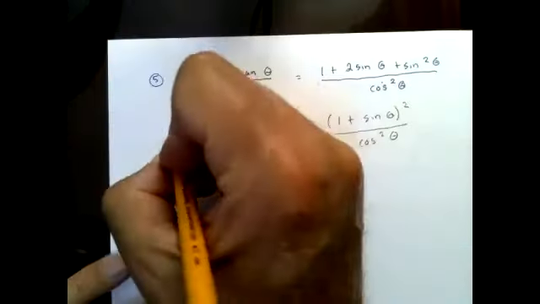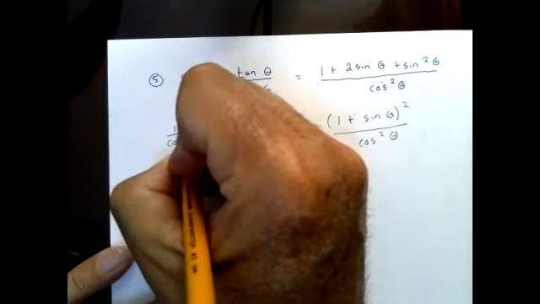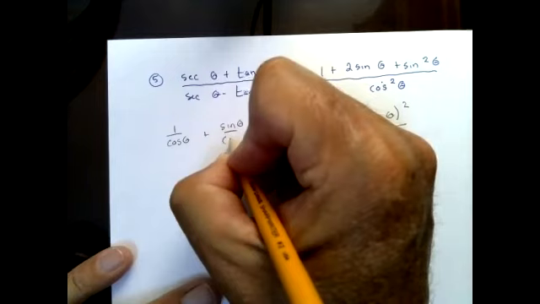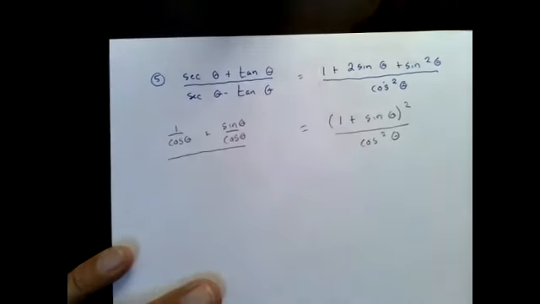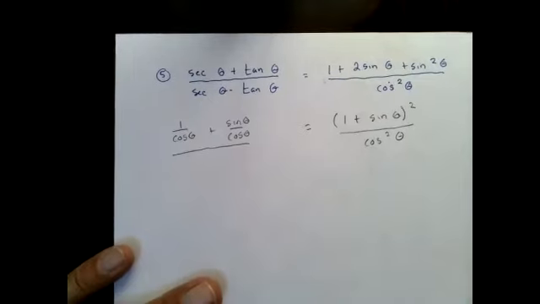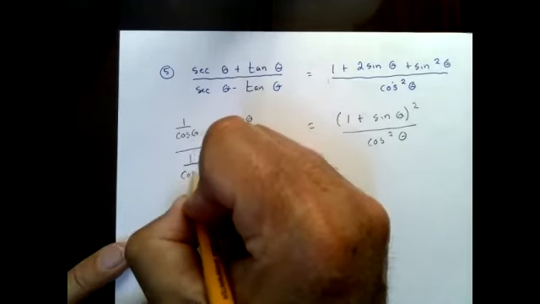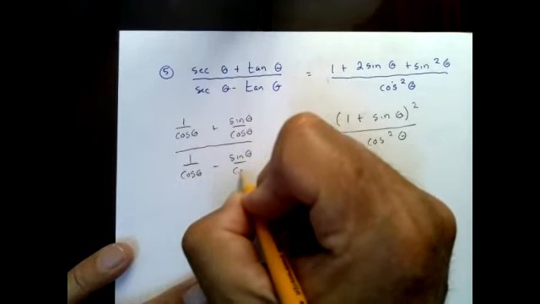And my roots say, 1 over the cosine of theta plus sine of theta over the cosine of theta, divided by 1 over the cosine of theta minus sine of theta over cosine of theta.